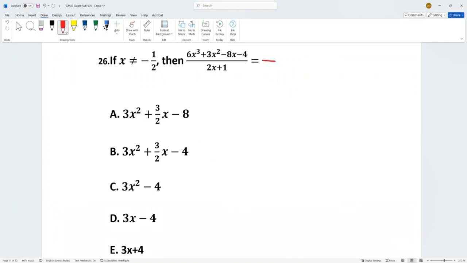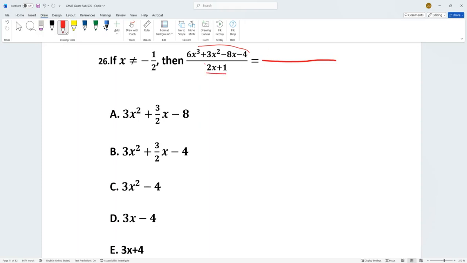So here, what we need to do is simplify this expression. Looking at the answer choices, we don't see a fraction. So the first thing that comes to mind is to get rid of the denominator, so we need to express the numerator in terms of the denominator.